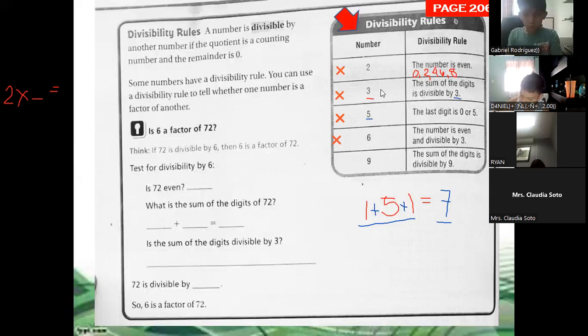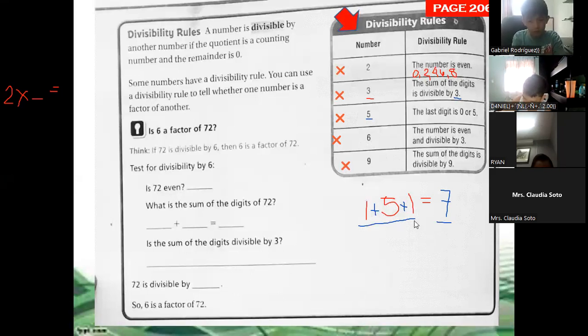Divisible por 2 y divisible por 3. Por los 2 números. Si no, entonces no. So it means no. Now the last one: a number is divisible by 9 if the sum of the digits is divisible by 9. We know that for 151 the sum of the digits is 7. 9 times 1 is 9. It's not 7, it's greater than 7. So also this one is not divisible by 9.